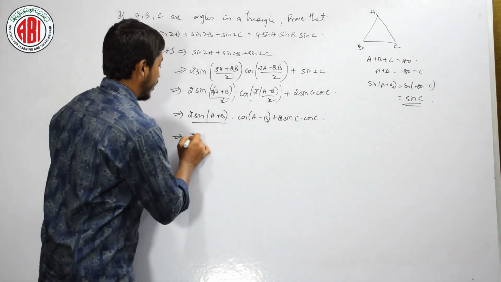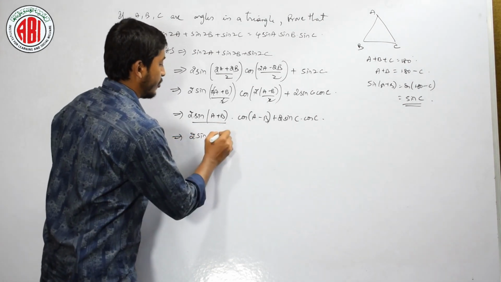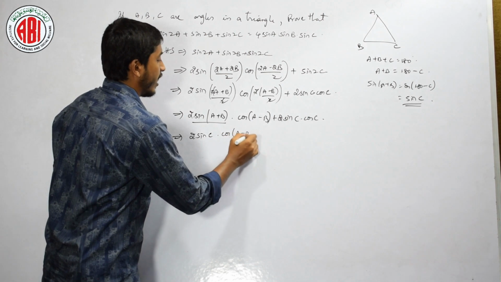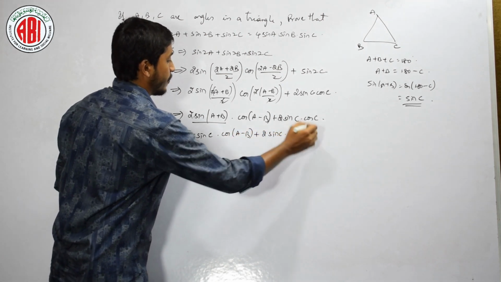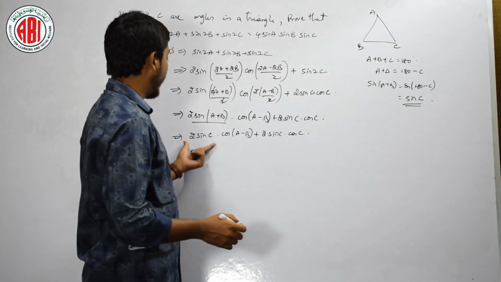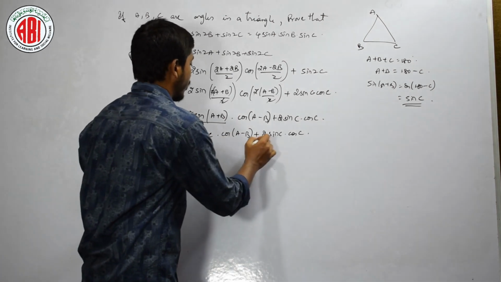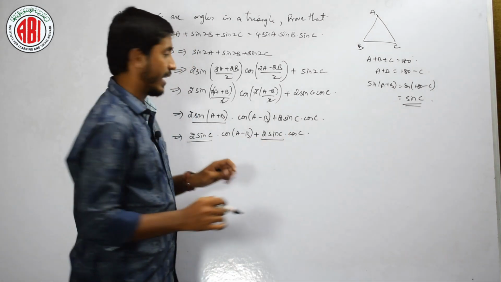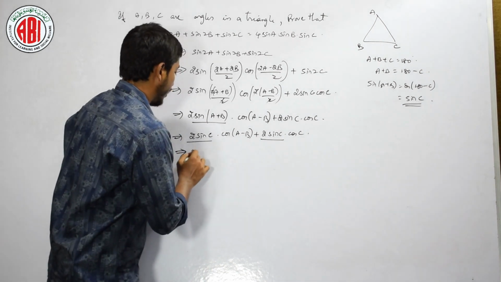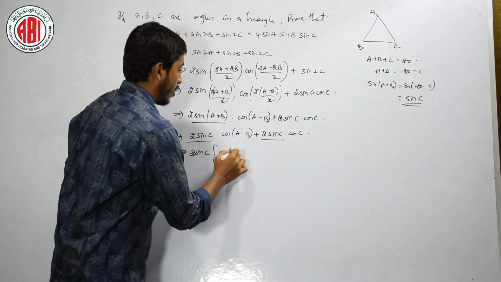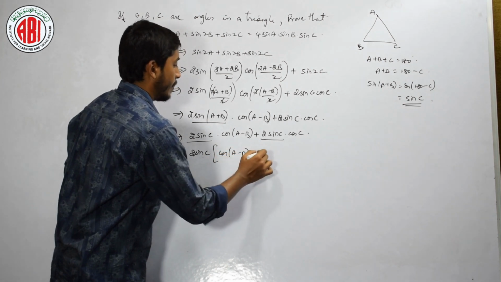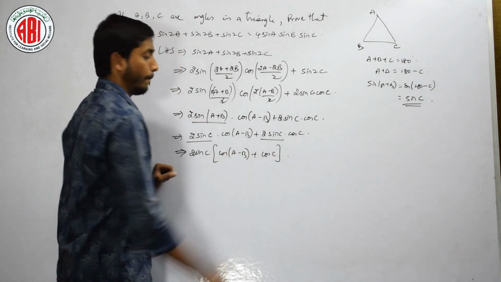That will be 2 sin C into cos of (A minus B) plus 2 sin C cos C. Is it okay? Can I take 2 sin C common in both the terms? Yes, we can, right. That will be 2 sin C into [cos of (A minus B) plus cos C].